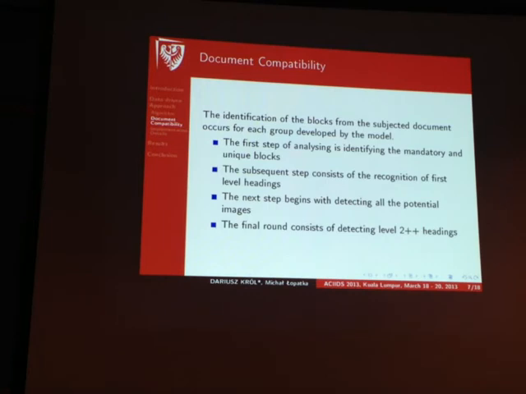The next step begins with detecting all potential images. We just recognize blocks of text or blocks of images, so equations, images, tables, we treat as images for simplicity. The next round consists of detecting level 2 and deeper headings, because there are subsections and so on.